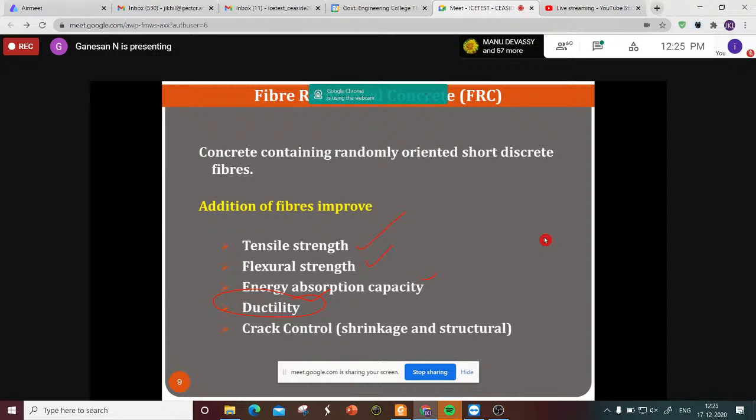When you apply load, the concrete starts creating small cracks which are not visible to our eyes in the interior of the structure. And slowly these micro cracks merge into macro cracks and lead to problems. So we need ductility and crack control, shrinkage and structural crack control, both at the green stage as well as the hardened state.